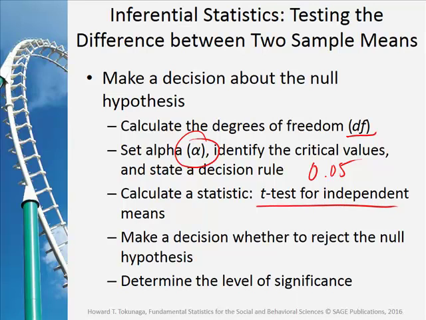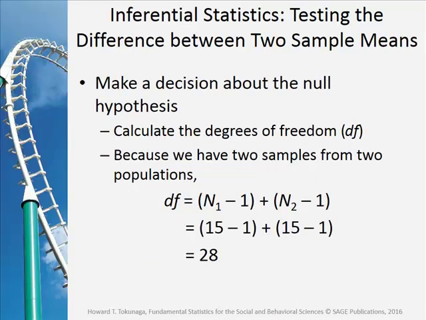Does anybody need a t-table? We'll calculate a t-score and decide whether or not to reject the null hypothesis and look at if it's significant or not. First step, degrees of freedom.